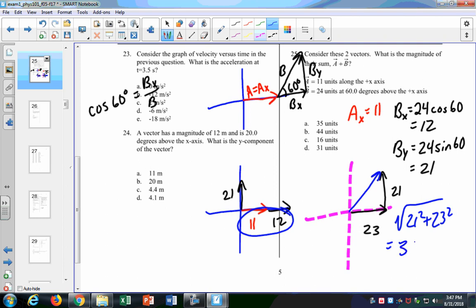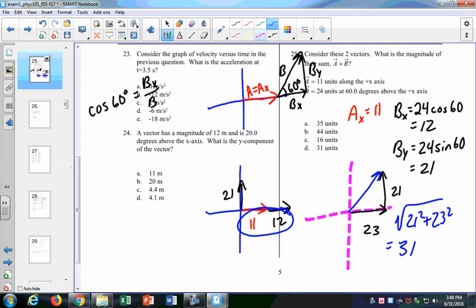It's equal to 31. It just helps me to see that this vector, if I move it over here, is just a right triangle. And so to find the length of this vector, I use the Pythagorean theorem. Well, what I'm saying is like going from the top of the 21 vector all the way down. So like where you have 11 and 12, you can just do it the other way.